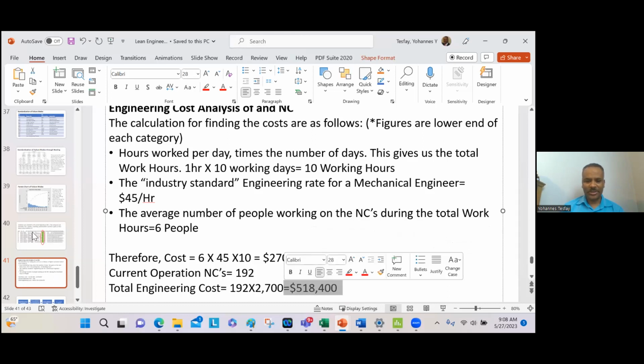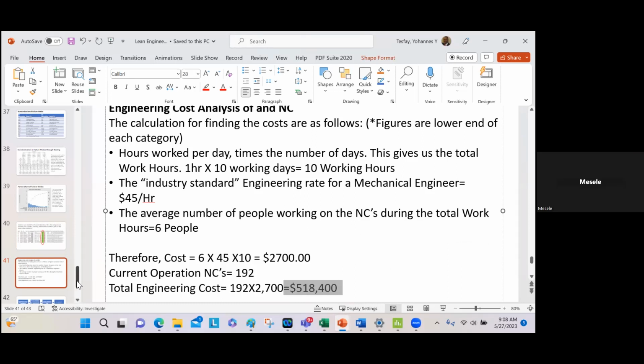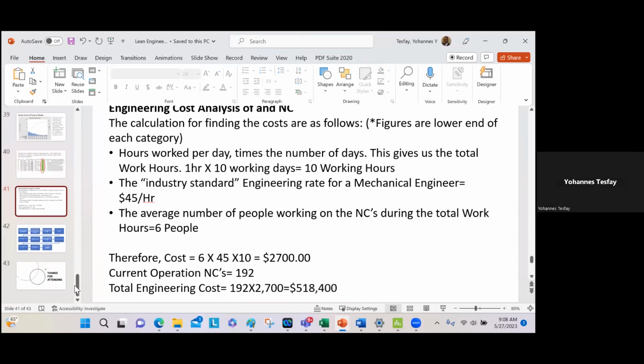If we assume that the issue is solved within 2 weeks, but it doesn't take 2 weeks. It takes months, like 6 months, even more. If it is 6 months you multiply this by 12, and so forth like that.